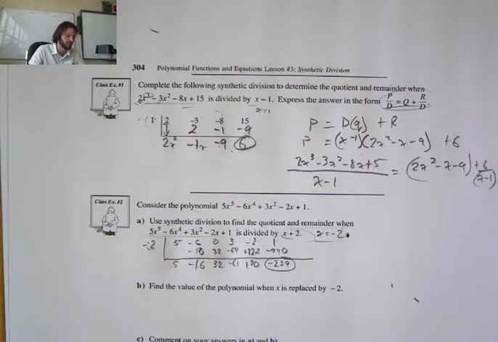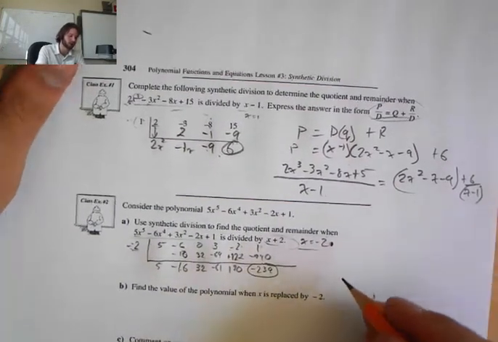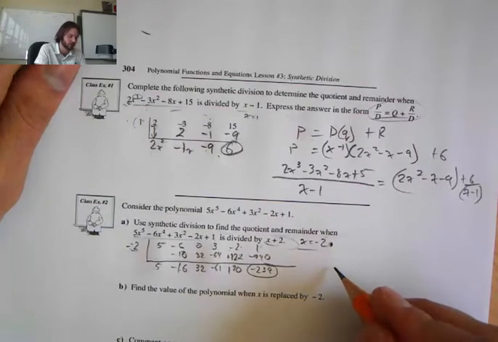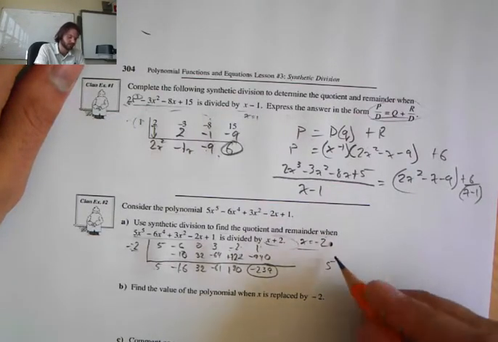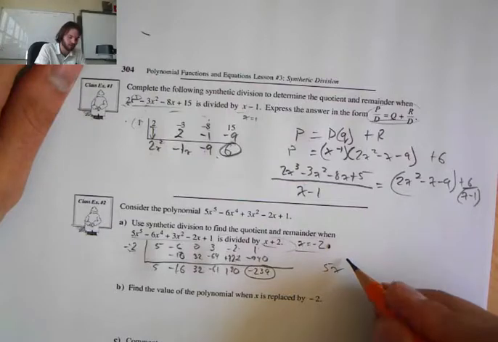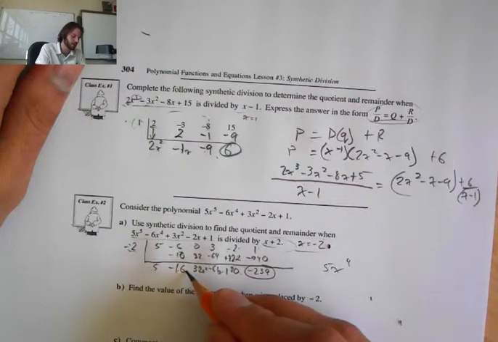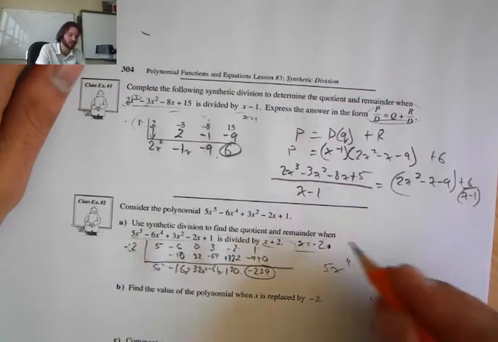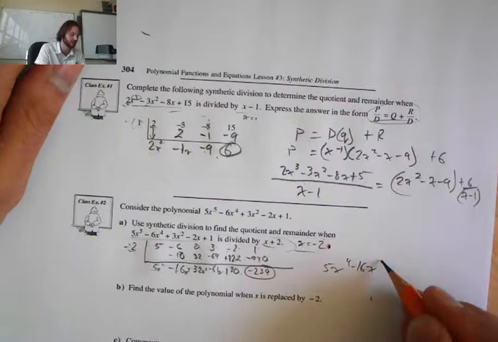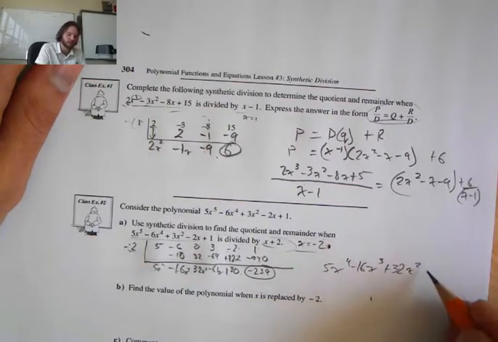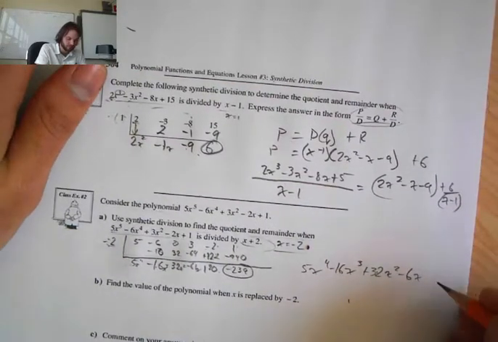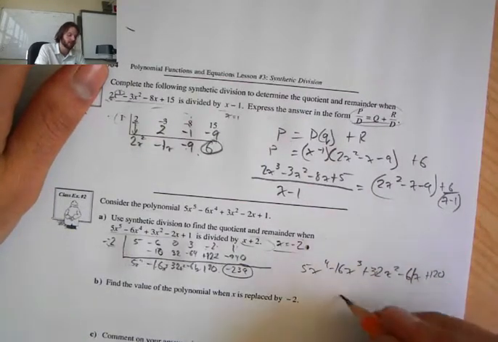Okay, so this is a very messy one, so then I know my quotient is going to be 5x to the power of 4, because we have x squared, x cubed, x to the 4. 5x to the power of 4 minus 16x cubed, plus 32x squared, minus 61x plus 120, and then we have a remainder of negative 239.